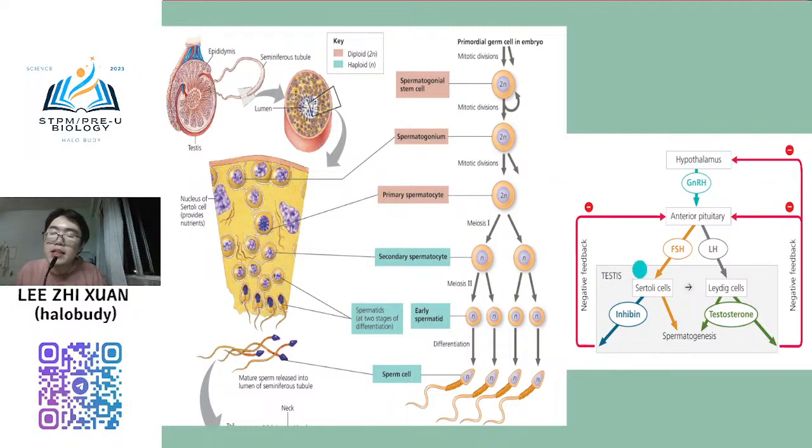And this one is the hormone regulation of spermatogenesis that I took from Campbell. I think this one is not very important, but it is for information. The main male hormone is testosterone, the key male hormone contributing to spermatogenesis. But males also contain FSH and LH, follicle stimulating hormone and luteinizing hormone.